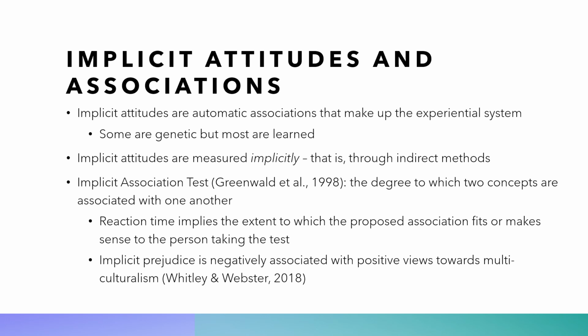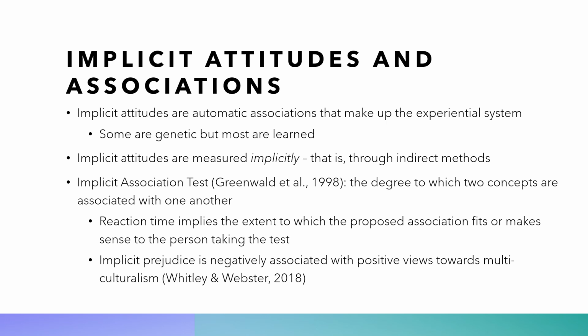What the implicit association test does is present you with two words and, based on your reaction time, indicate to what extent these two words are associated for you. So, for example, one measure of implicit self-esteem would be to put people in front of an IAT, an implicit association test, and show them two words, me and good, right?